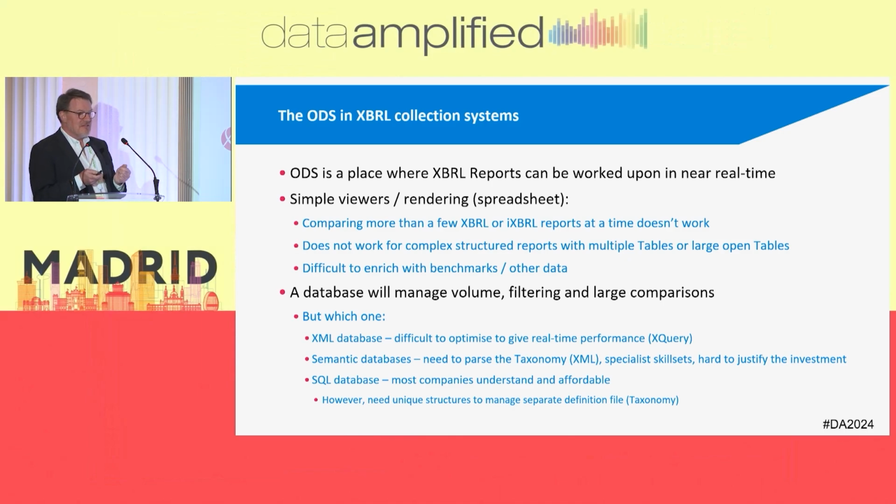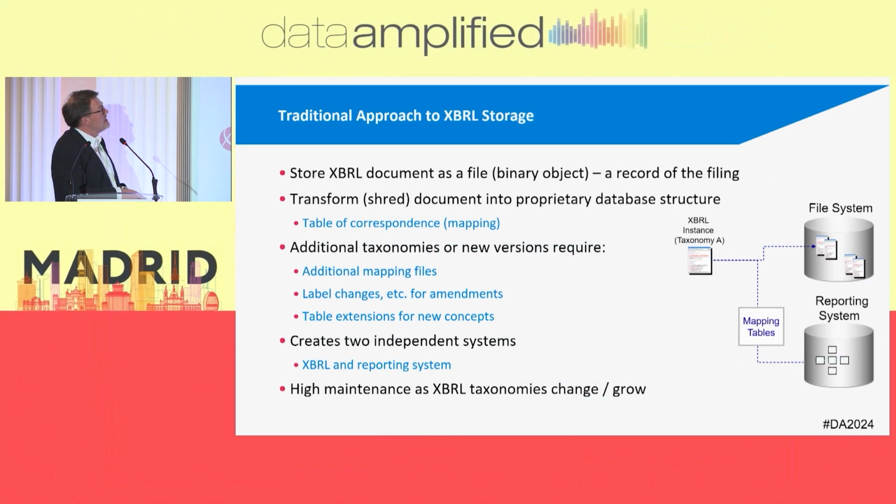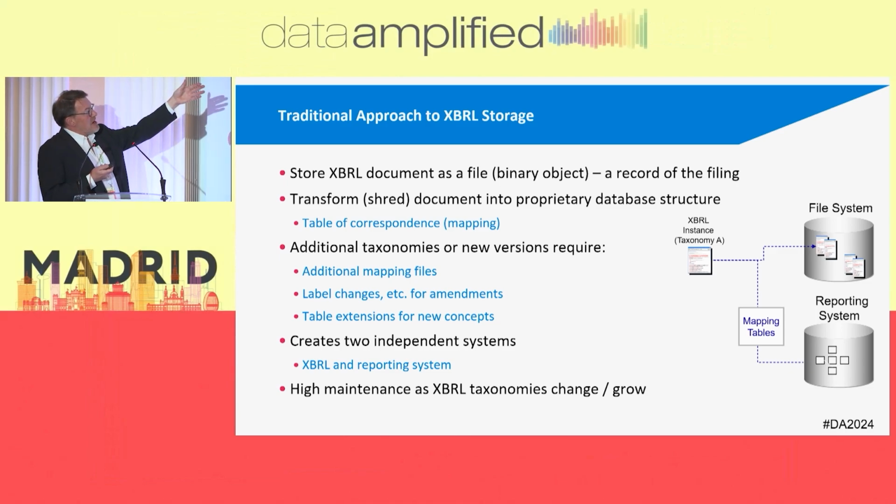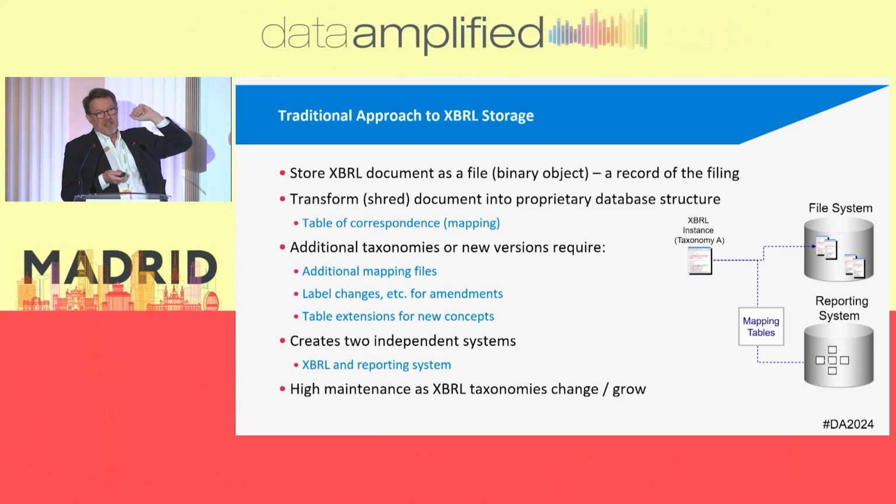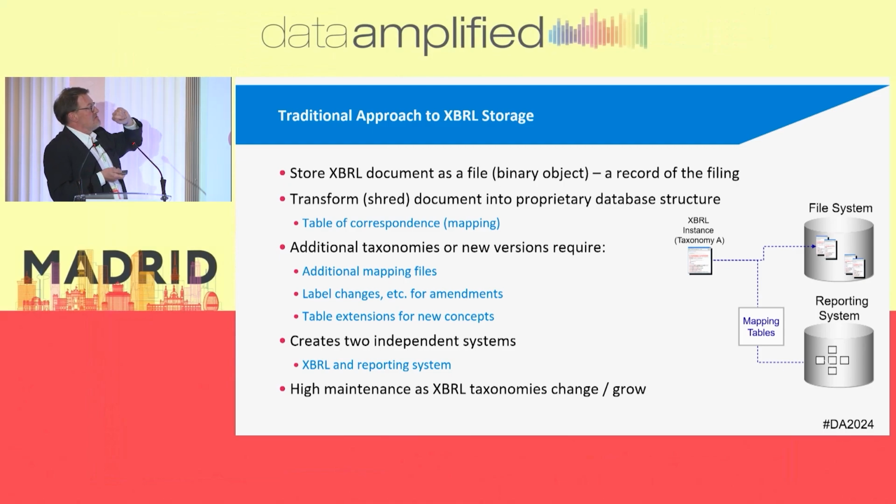However, you need a very unique structure to help you analyze XBRL data when it's in SQL. So let me again show the problem so you get the feel for this. When we get an XBRL document, we put it in the file system, we say, oh yeah, company A has submitted this document, we submit it with a taxonomy, it's really easy.